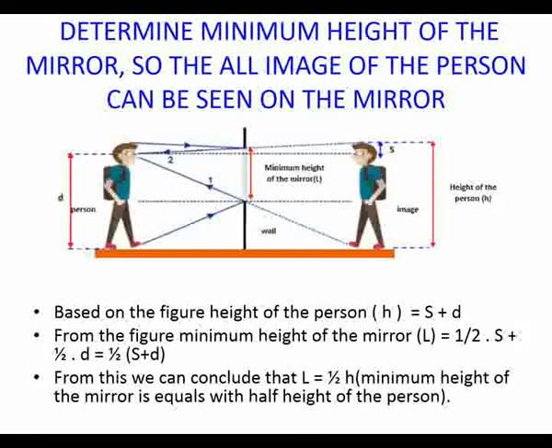From the figure, we can see that the height of the person h equals s plus d, and the minimum height of the mirror L equals half times s plus half times d. So from this we can conclude that the minimum height of the mirror L equals half the height of the person.